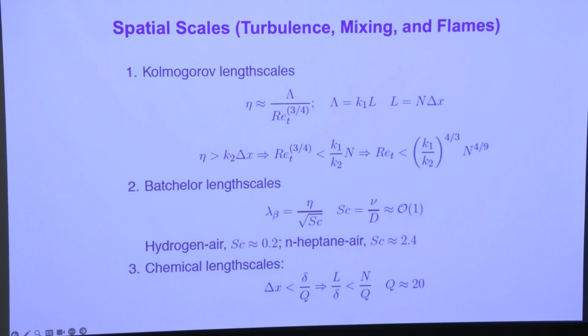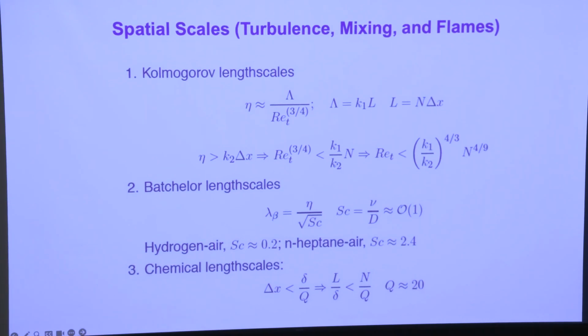At the same time, if you want to look at the dissipation of scalar variance, which you have to worry about in combustion, in addition to the turbulence dissipation, you have to resolve the Batchelor length scales. Thankfully, most gaseous fuels have Schmidt numbers, viscosity over mass diffusivity, that ratio is of order unity.